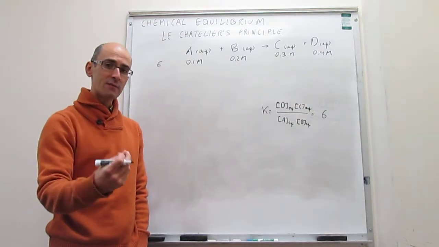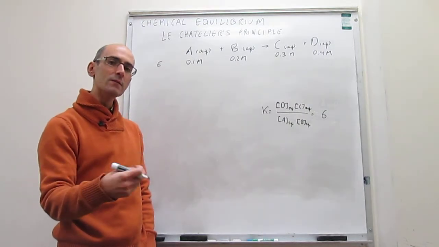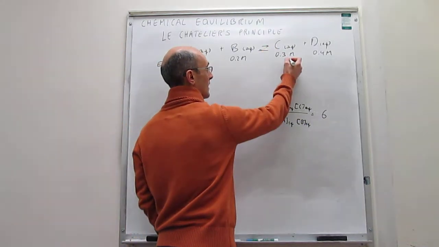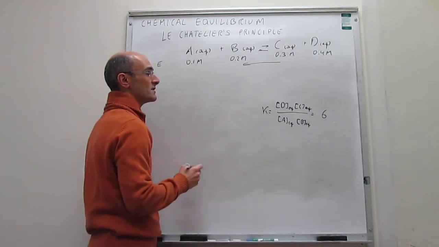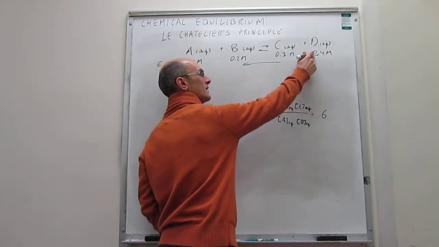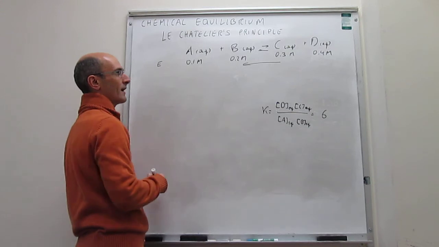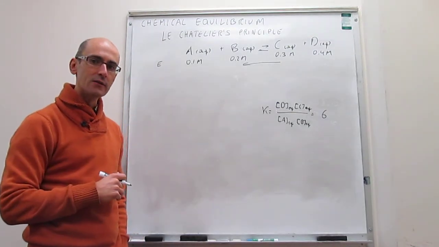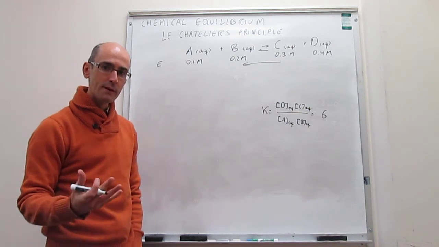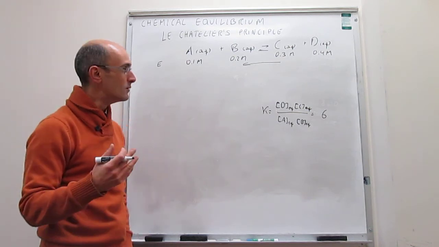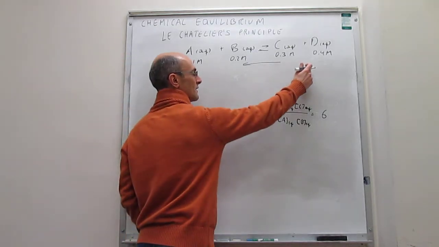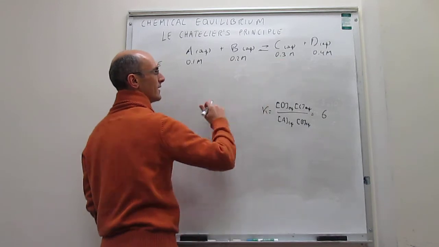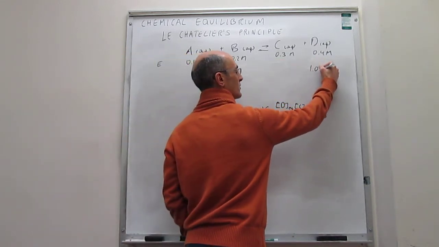If the disturbance is to add product, a way to minimize it is to shift the reaction towards reagents, so that the excess product you have added gets back-reacted into reagents, and that minimizes the amount of D that you have added. That is the prediction of Le Chatelier's principle: the equilibrium will shift from right to left so that we drop the amount of D that we have added, which happens to be 1.0 molar.